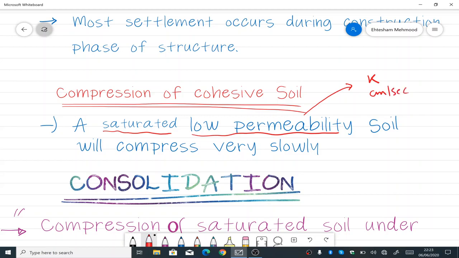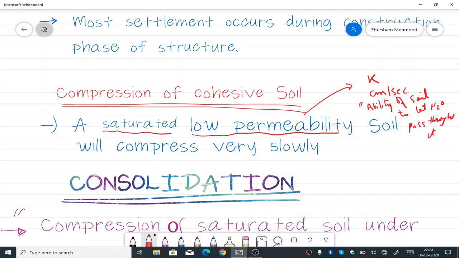We can say that it is the ability of soil to let water pass through it.